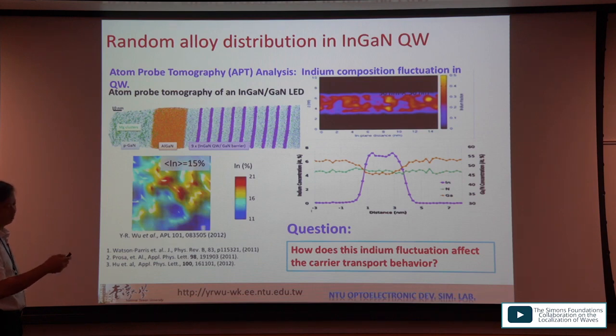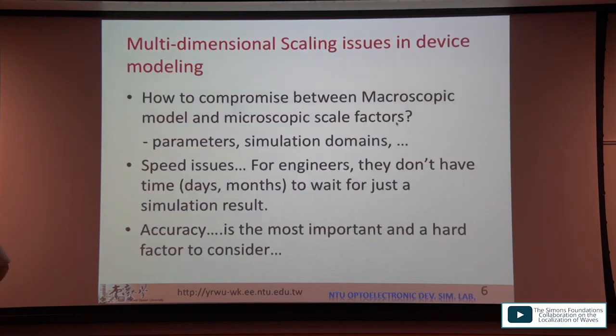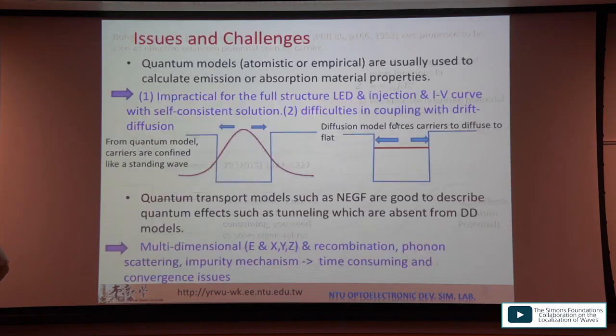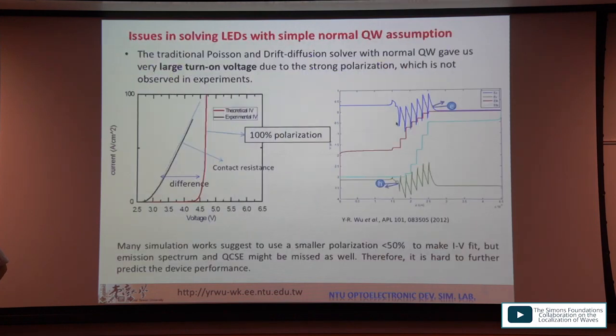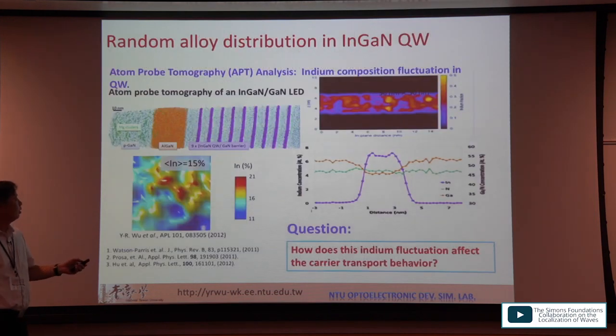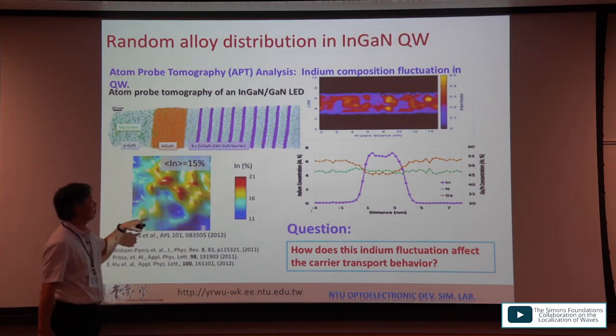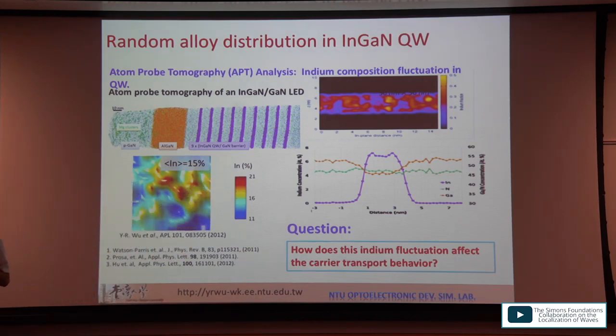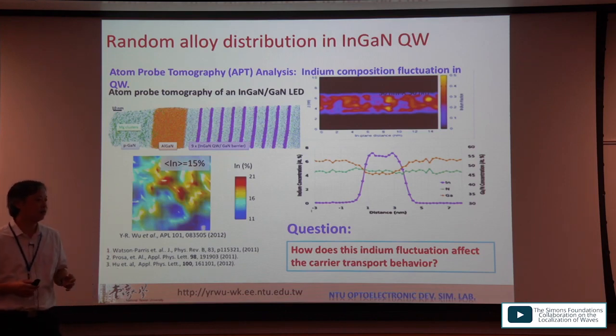If you consider the alloy fluctuation, we found it will affect the IV curve we are fitting. We published a paper in, I think, 2012.